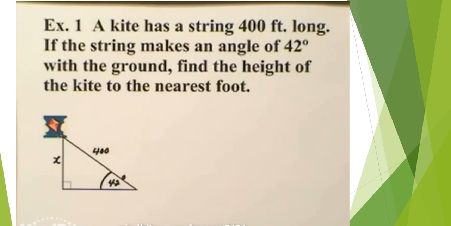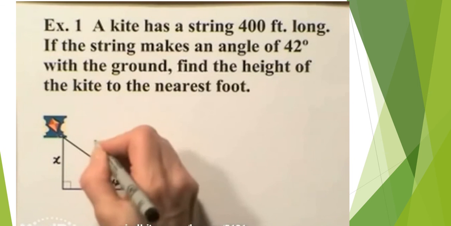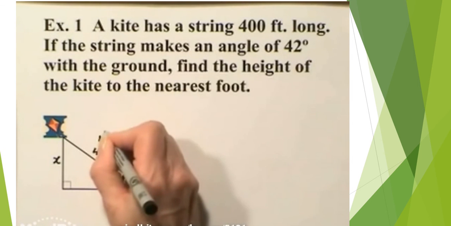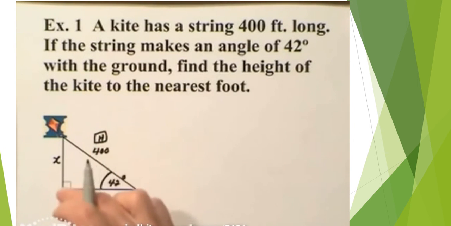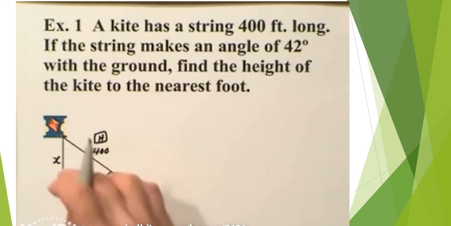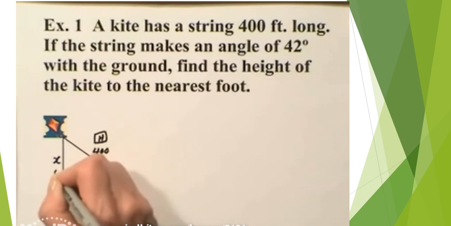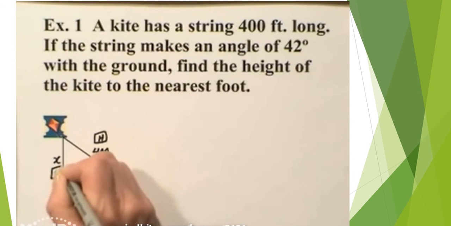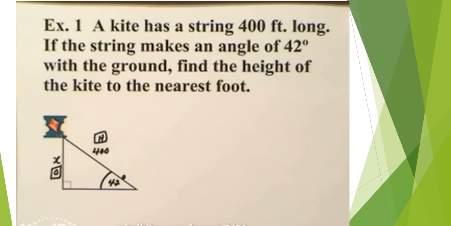I have to decide, with reference to the angle 42 degrees, the positioning of these two sides. The 400 I know is the hypotenuse, since it is opposite the right angle. And with reference to 42 degrees, this side, x, is the opposite. I'm dealing with the ratio opposite over hypotenuse, so therefore I know it's the sine that I'm interested in.